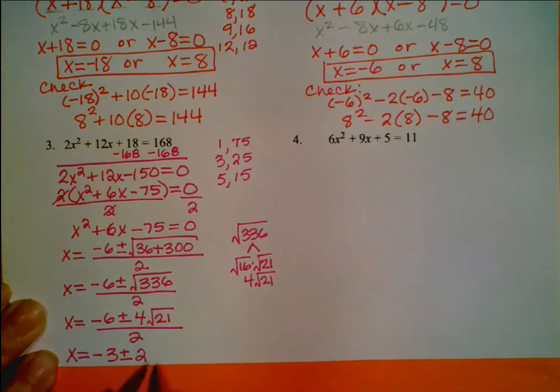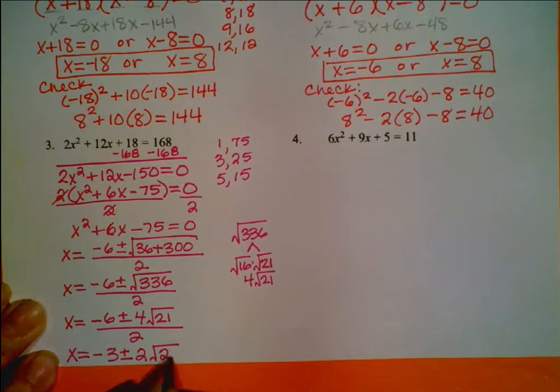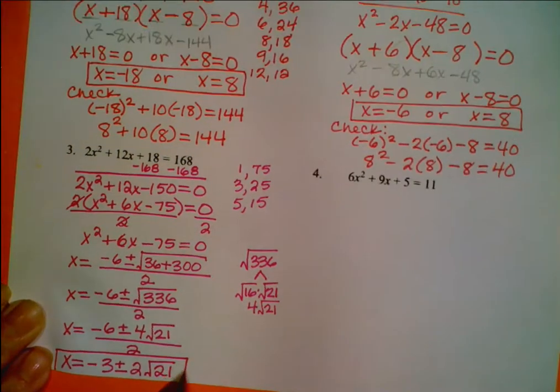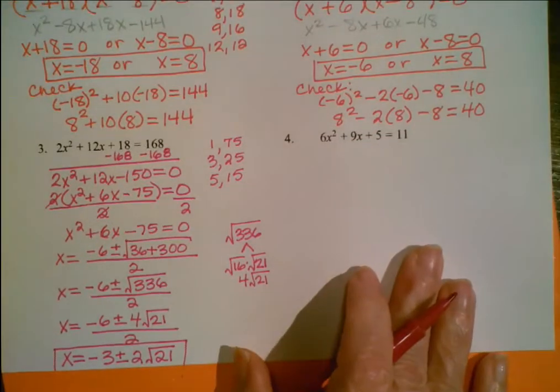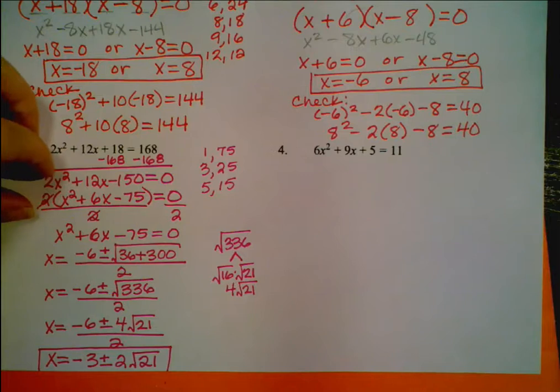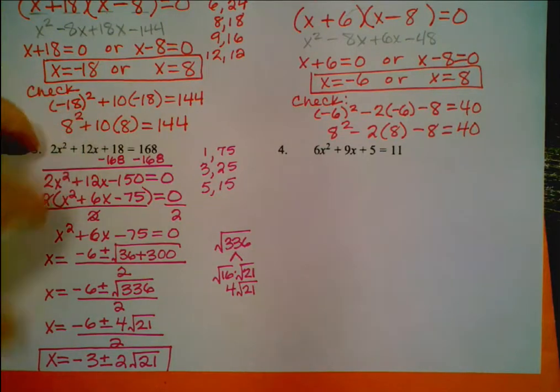And remember, this square root is unaffected by the action taking place with these integers. And those become our two solutions for x. Here again, you can check it and make sure they work. I would advise you to do that on all problems. This one does work, as I've checked it before. All right, so at this point, I would say pause the video and try number 4, and then come back to it.